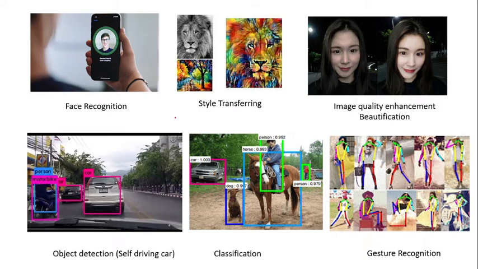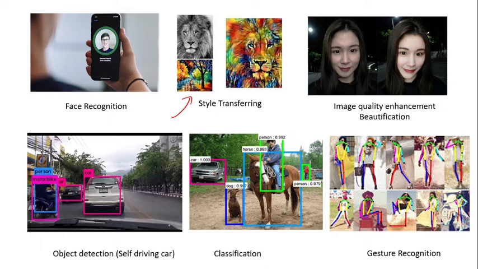Similarly, many painters are trying to make new images by combining two or more images. That is known as style transfer. Similarly, most smartphone cameras now come with image quality enhancement or beautification.